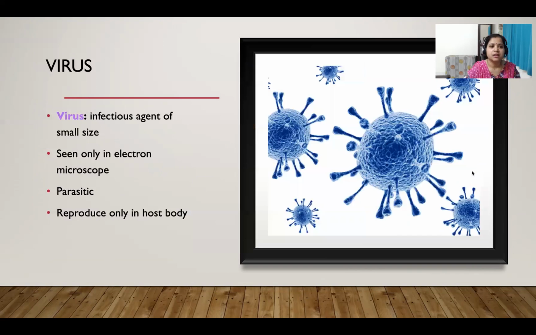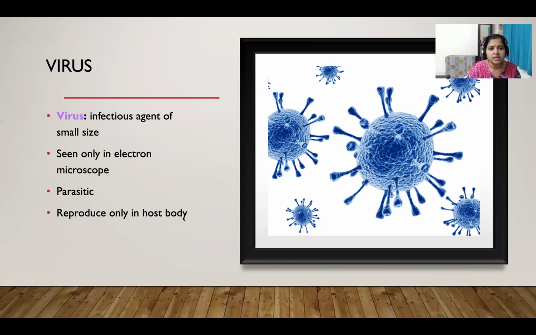Next comes the virus. These are infectious agents of very small size. They are even smaller than any known cell. They can be seen only through the microscope and they are parasitic in nature, means they depend on the host body and they can reproduce only in the host body.